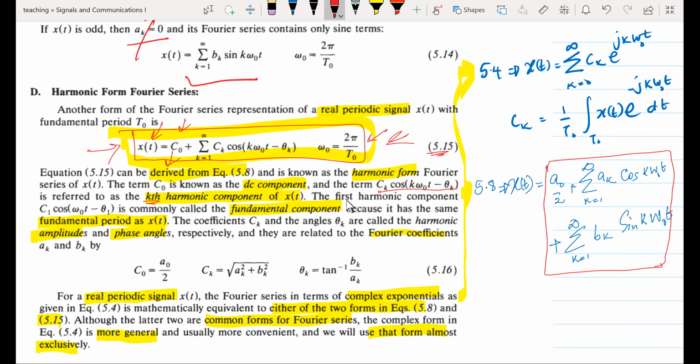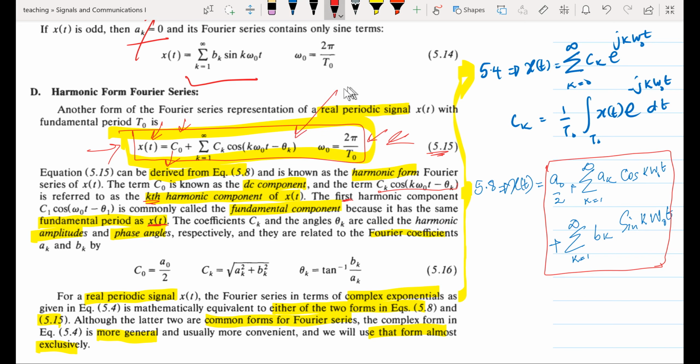The first harmonic component, C1 cos(omega naught t minus theta 1), is also referred to as the fundamental component because it has the same fundamental period as our real periodic signal x(t). The coefficient Ck and the argument theta k are referred to as the harmonic amplitudes and harmonic phase angles.